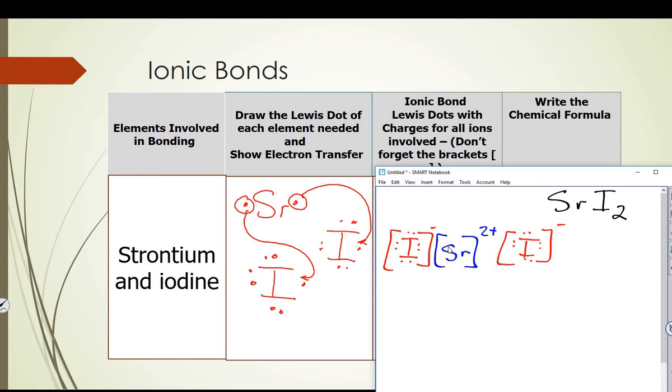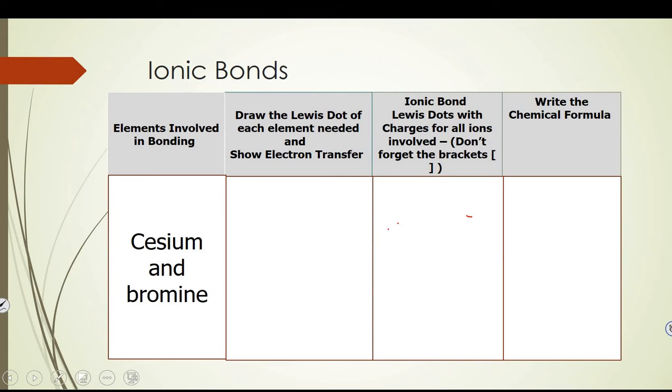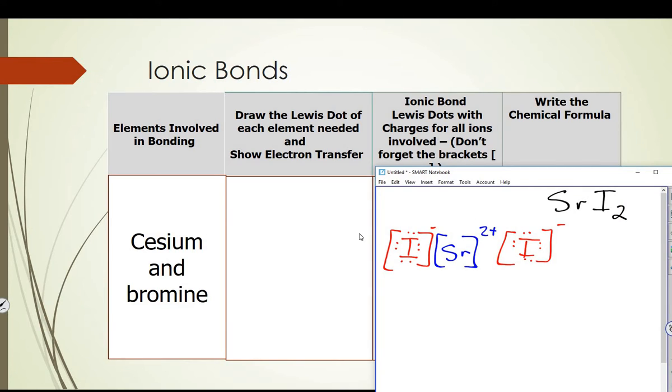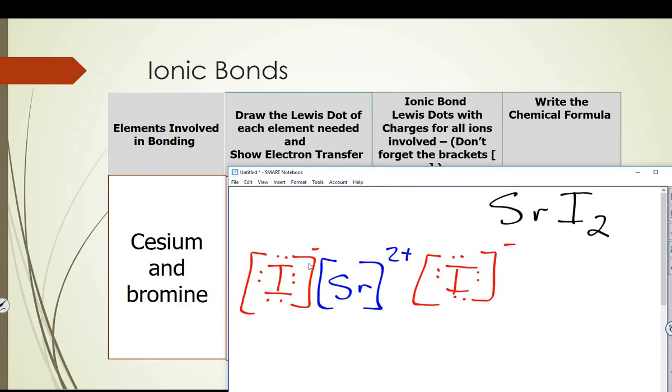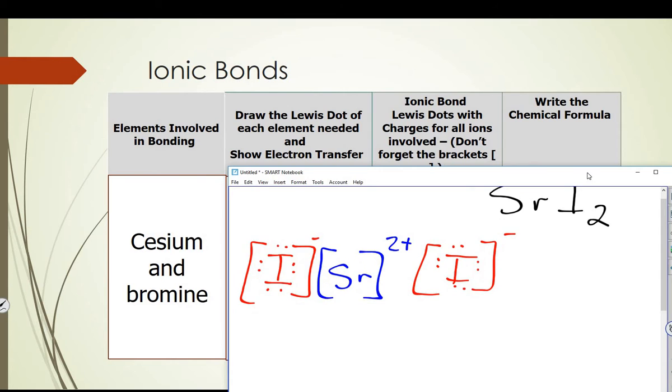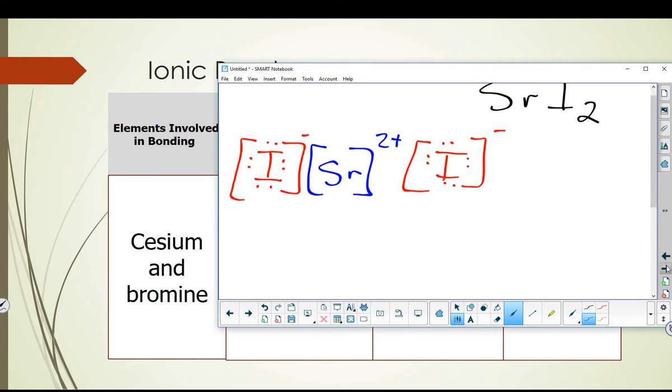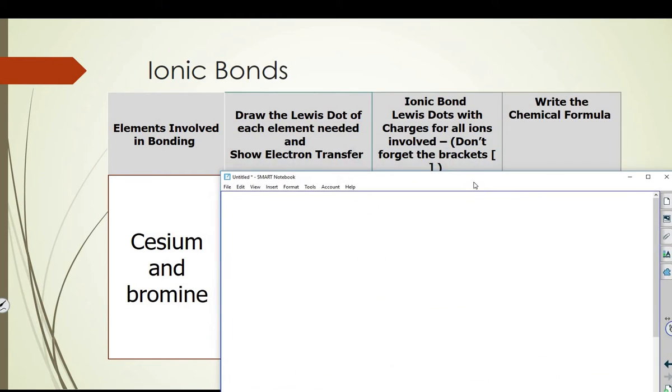Okay. Going to the next one, and I'm just going to bring up that whiteboard again really quickly because then I can use different colors and make it bigger. Okay, so here we need cesium and bromine.